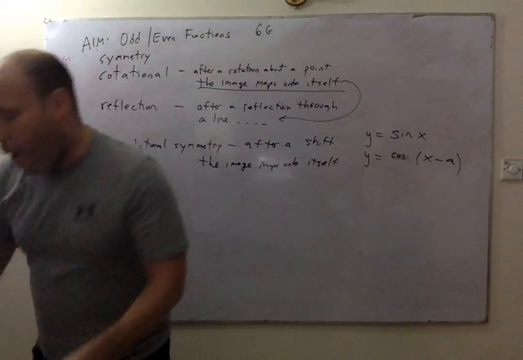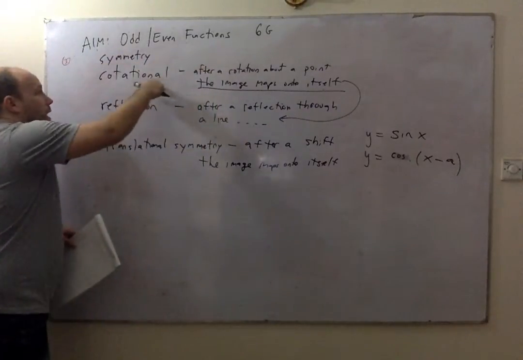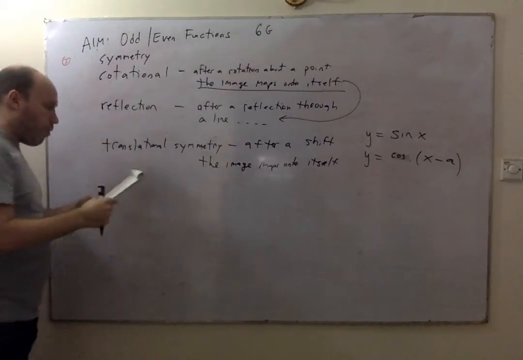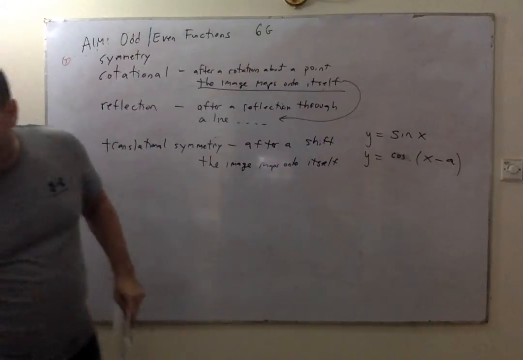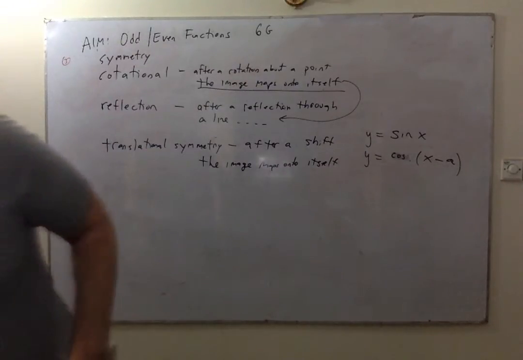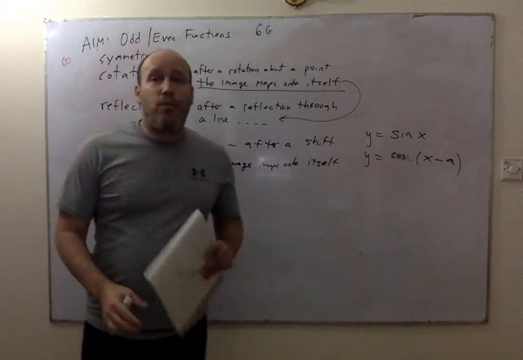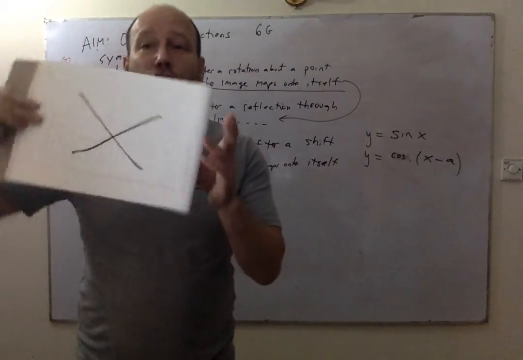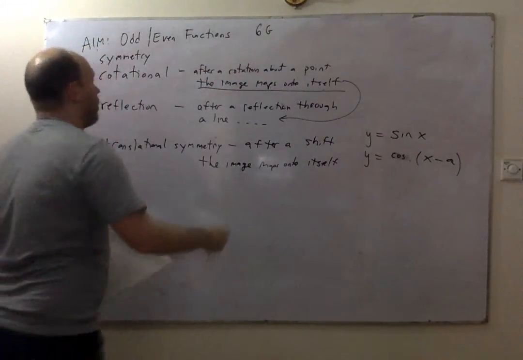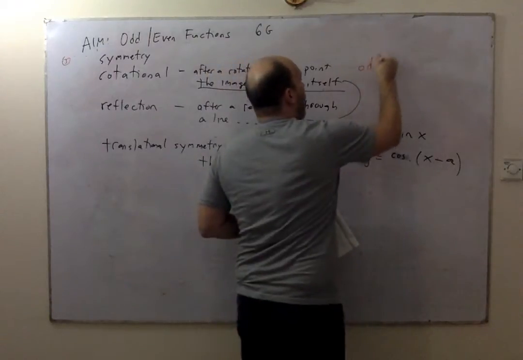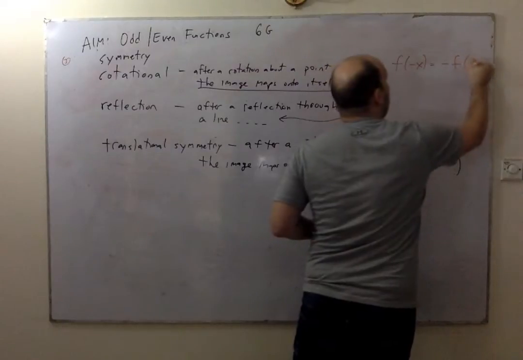Good. Now I want to talk about these 2 things. For this unit, we're going to talk about rotational and reflection. If a function has rotational symmetry, specifically, if you can take a function and rotate it 180 degrees and it looks exactly the same, we call that function odd, and we say that f of negative x is equal to negative f of x.